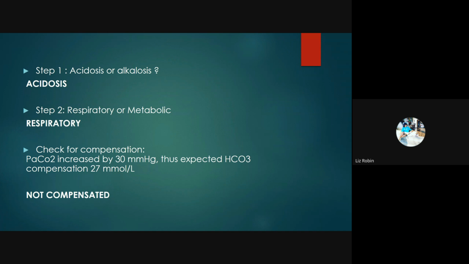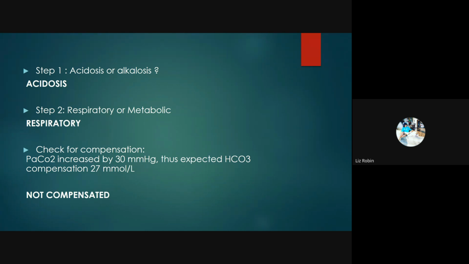So, step one was, as Atul rightly said, it was acidosis because the pH was 7.269. Since the PCO2 was increasing and the pH was falling, it is indicative of respiratory. For compensation in respiratory acidosis, the bicarb should increase by 1 for every 10 millimeter rise in PaCO2.